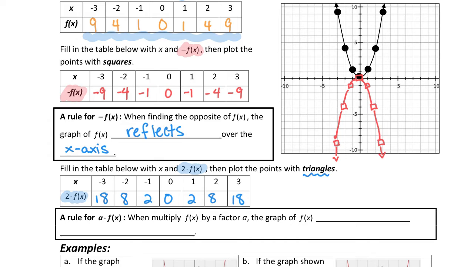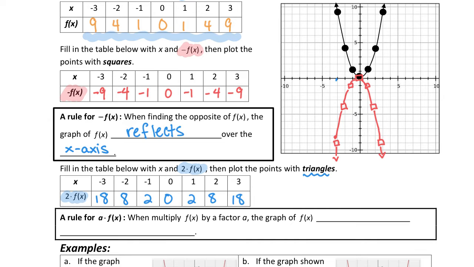And then this time I'm going to graph those points with triangles. The first thing you're going to notice is that here's -3. I'm not going to be able to graph -18, so if that happens, I'm just not going to graph that point. I'm going to have to start with -2.